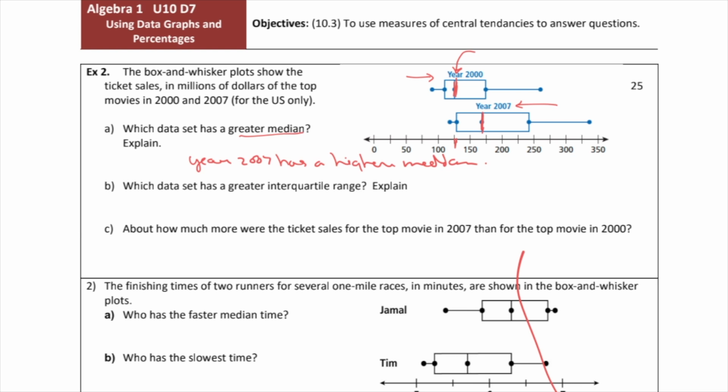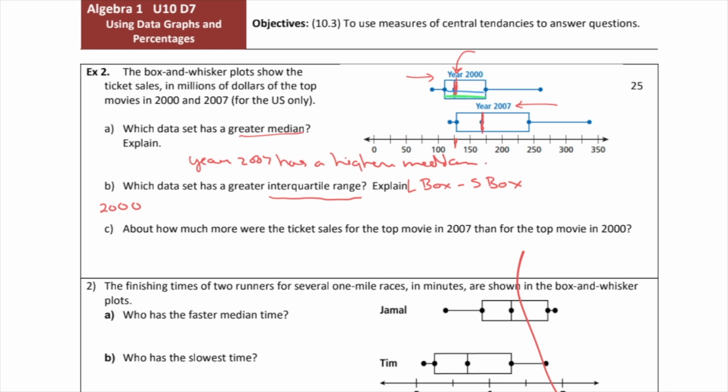Which data set has a greater interquartile range? So the interquartile range is going to be from one end of the box, so the large number in the box minus the smallest number in the box. So if we look at the year 2000, we don't even have to do the subtraction. Just take a look at the length of that box.